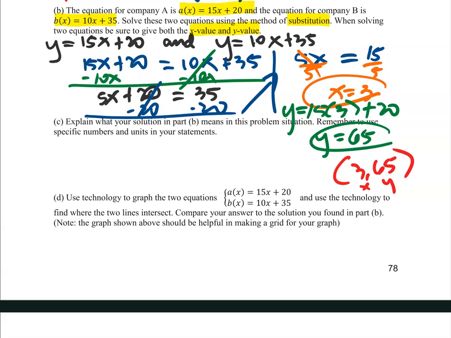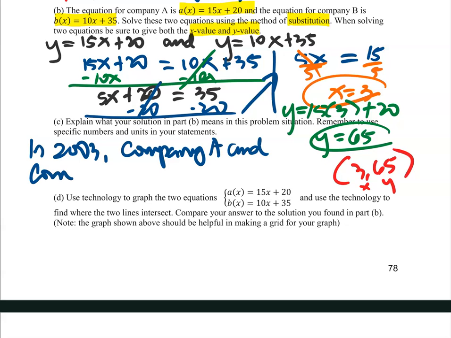So since our computed x is 3, after 3 years since 2000, that is in 2003, we can say that company A and company B, or both companies, earn the same profit of $65,000.